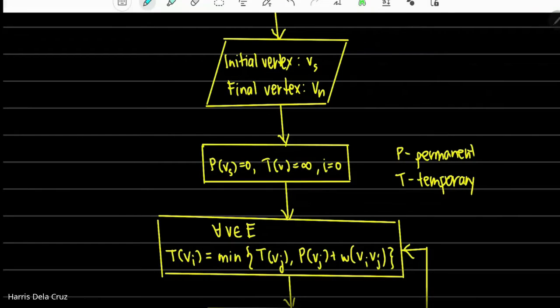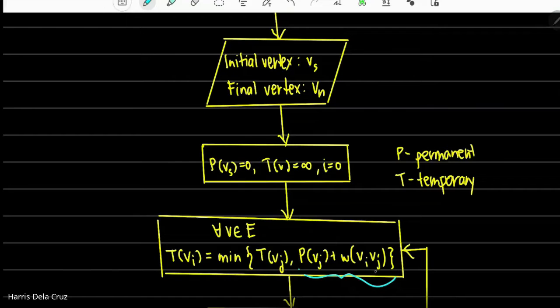Okay. So, either yung previous label niya na infinity or yung bagong label niya which is this formula. Permanent label nung vertex 0, yung initial vertex natin, plus yung weight papunta from vertex 0 to that vertex.